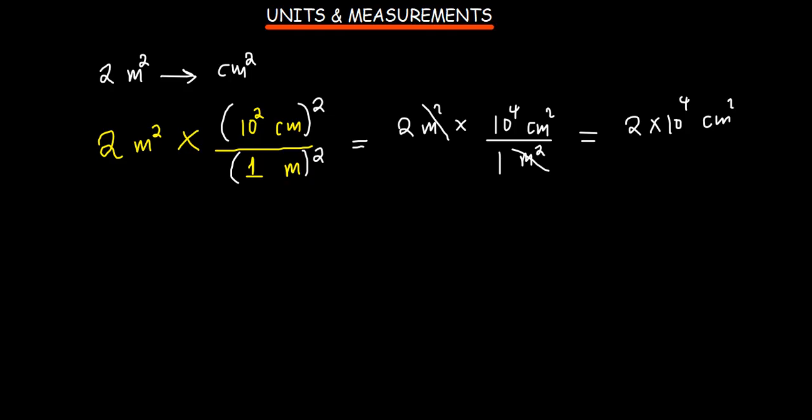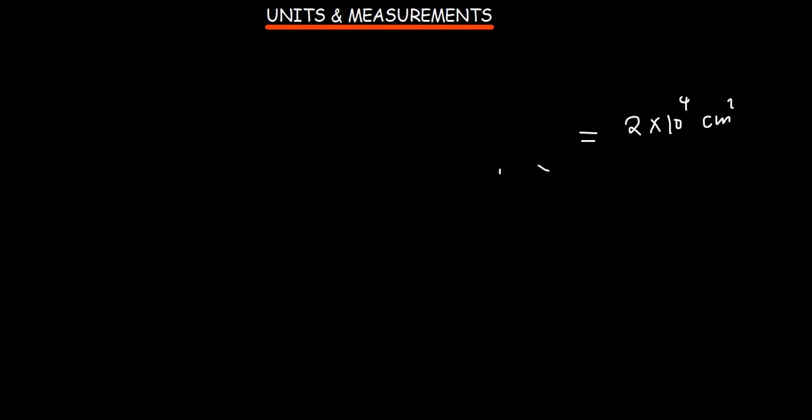We can have another conversion so that you just understand how to be able to do it. Let's say, for example, you're talking about velocity. Velocity is given in the SI unit, the standard unit, meters per second.